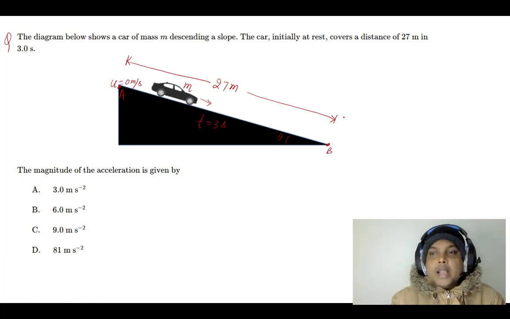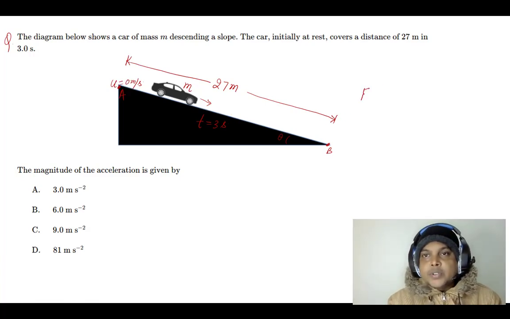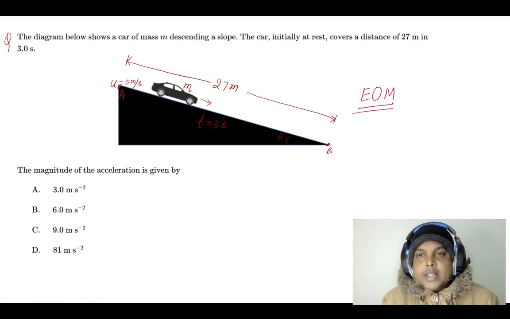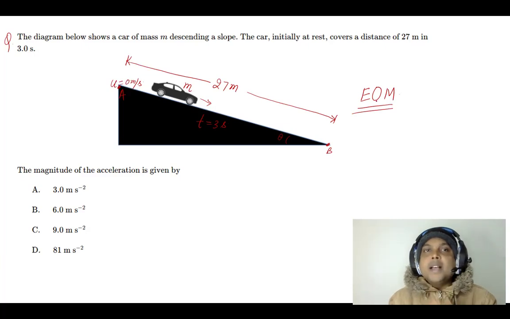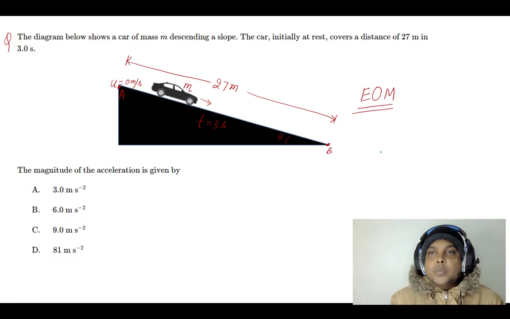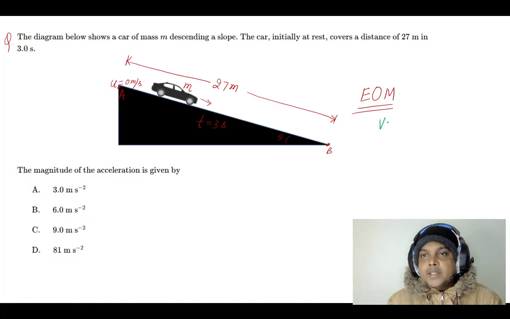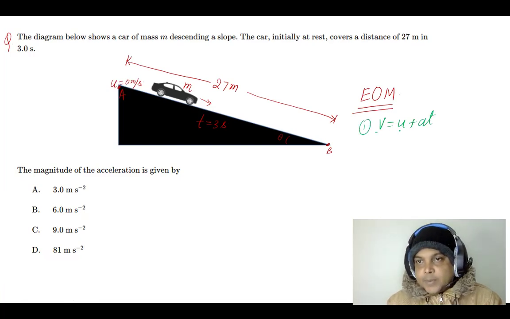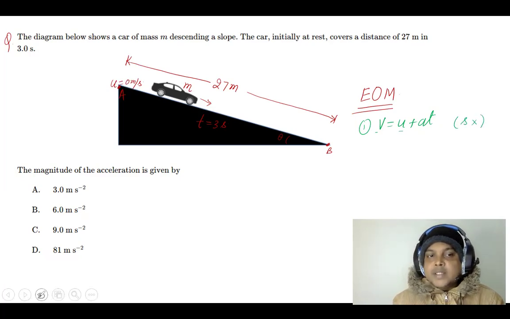Fantastic. As we know the equations of motion, Newton's equations of motion, how many equations do we know for motion? One is v = u + at. As you can see in this expression, we don't have displacement, so if displacement is not given in a question, you can use this one.